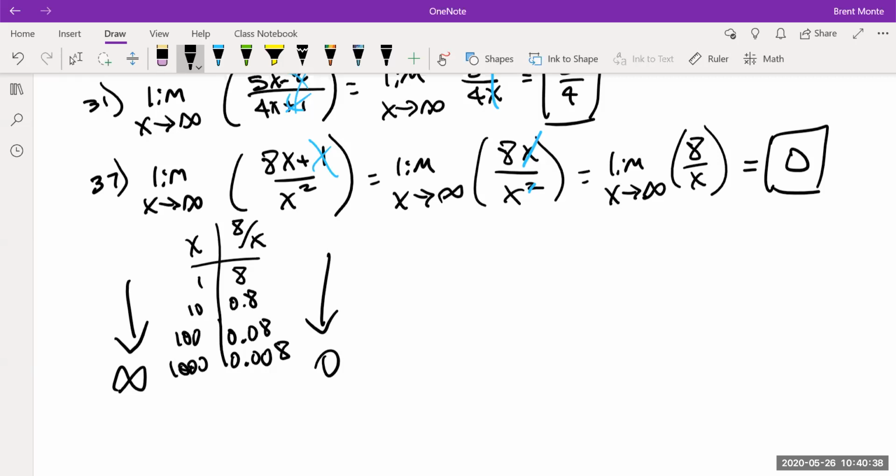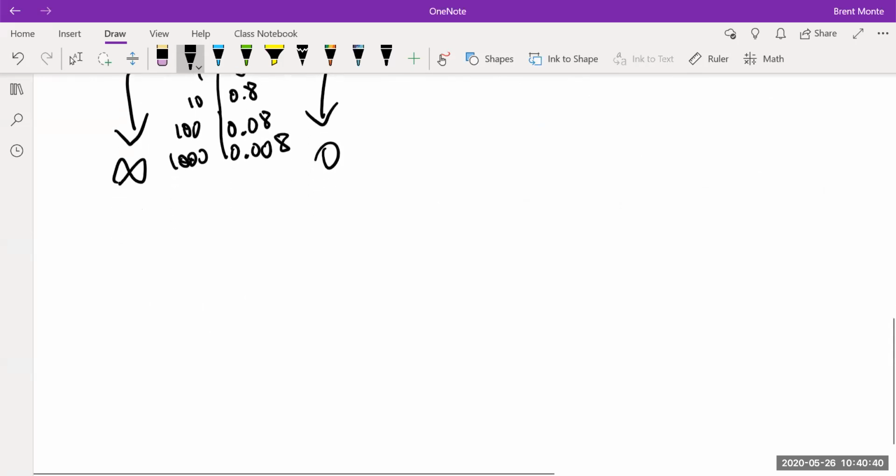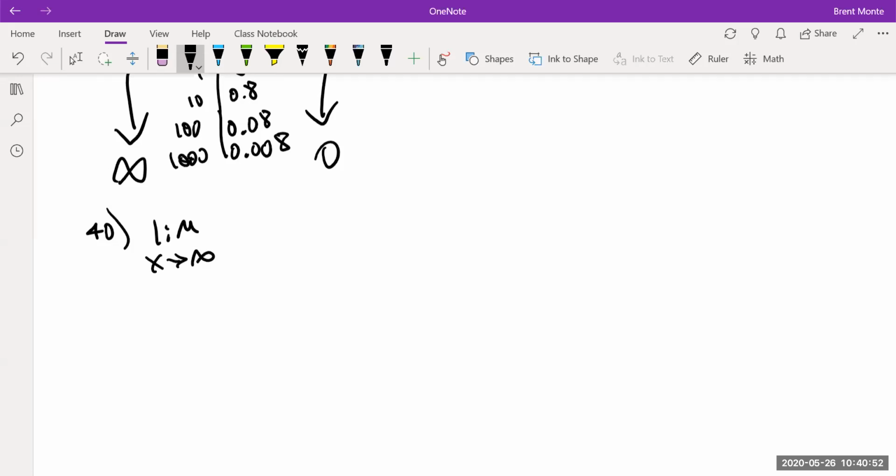Okay, so one more example, problem 40, and then we'll just look at a couple pictures, talk about one more thing. Problem 40, limit as x approaches infinity. This time what they give us, the numerator is x to the 5th, the denominator x cubed plus 4x plus 10.